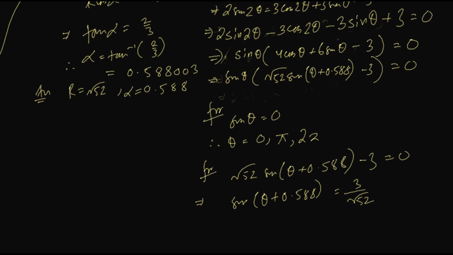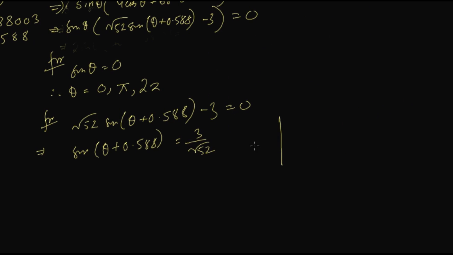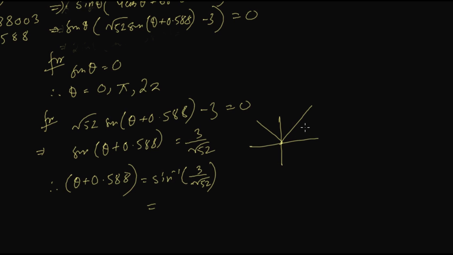So let's draw the quadrant and the basic angle. This is the quadrant, so sine is positive in the first quadrant and this quadrant. So therefore the basic angle is going to be theta plus 0.588. Remember the C2 rule, you cannot break this basic angle. So sine inverse of this is going to be 3 by square root of 52. Remember, you cannot use degrees here, it's a radian sum.